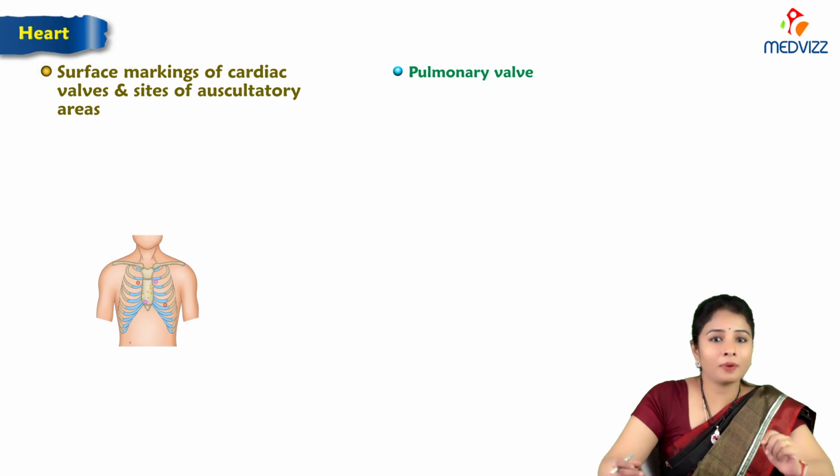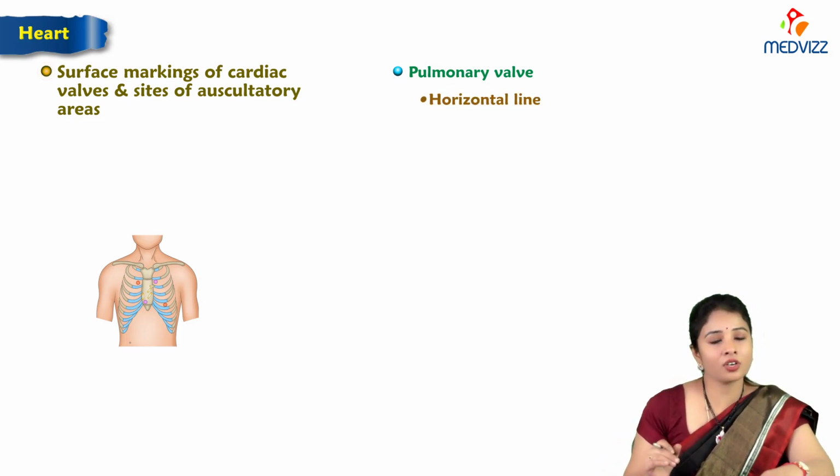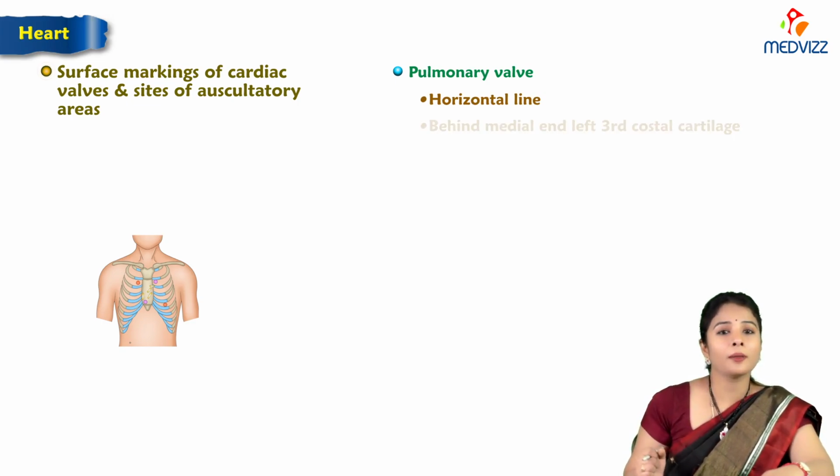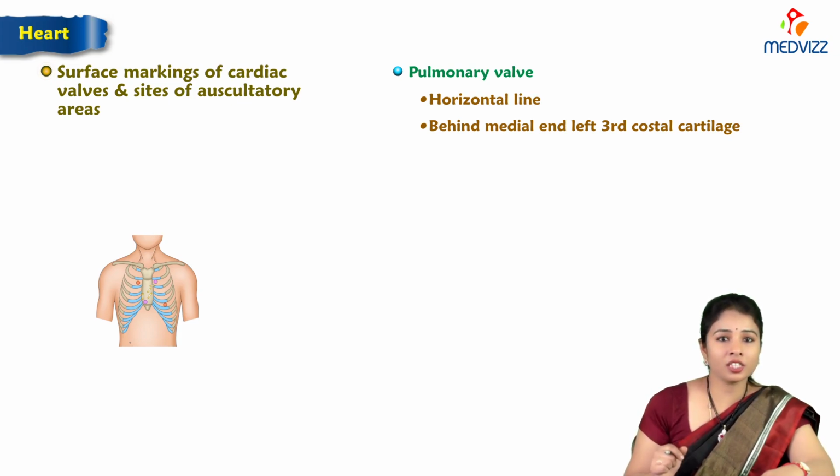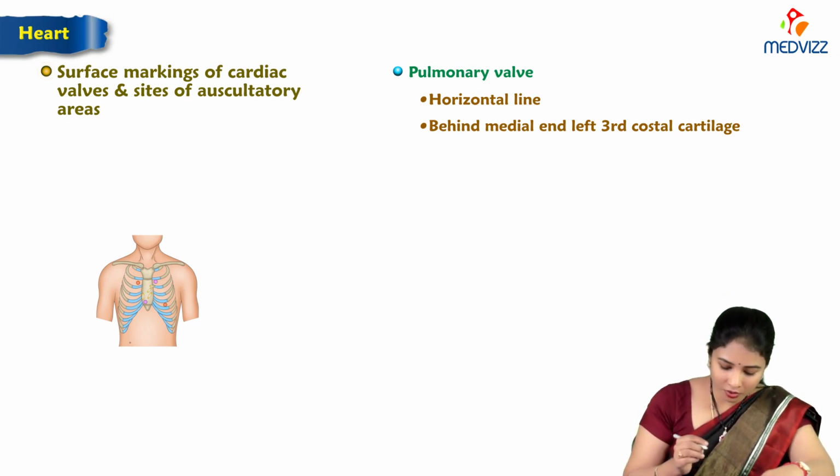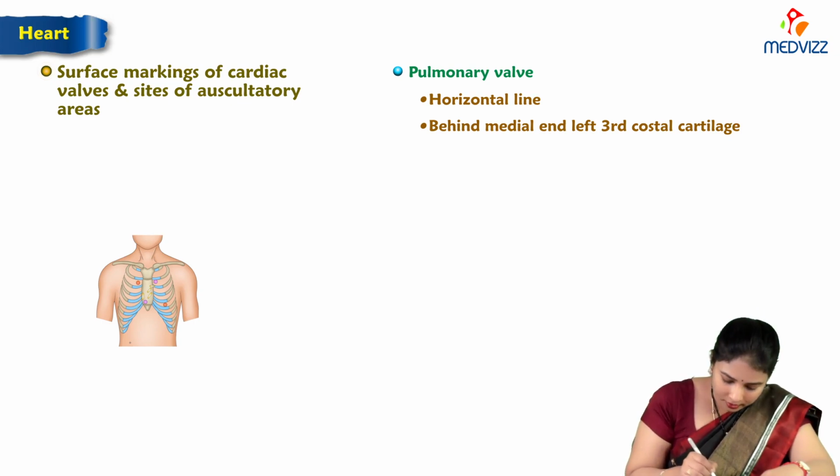So first, the pulmonary valve. The pulmonary valve is drawn as a horizontal line approximately 2.5 centimeters long behind the medial end of the left third costal cartilage. So this is the first, this is the second, this is the third.